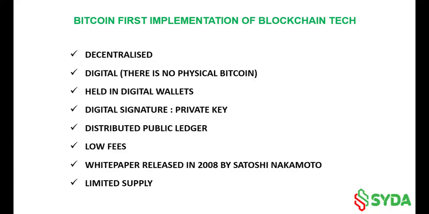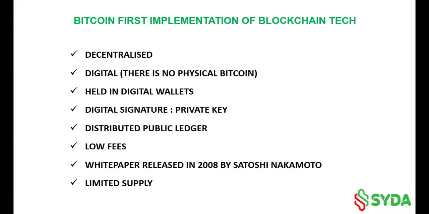We also have that the Bitcoin white paper was released in 2009 by Satoshi Nakamoto, and Bitcoin has a limited supply of 21 million Bitcoin. So in the whole of the universe there is only going to be 21 million Bitcoin.